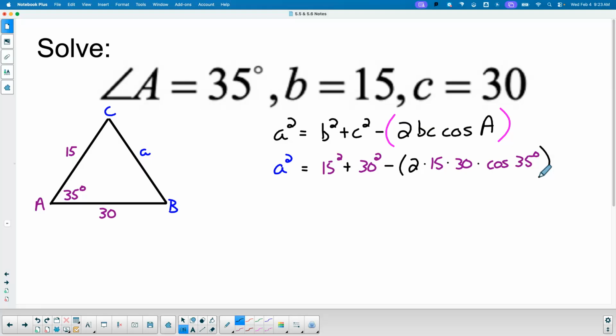And the nice part about modern day calculators is you can just put it right in as is. 15 squared plus 30 squared minus 2 times 15 times 30 times the cosine of 35.